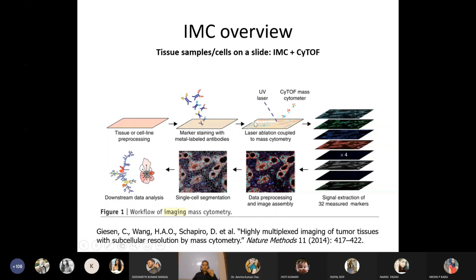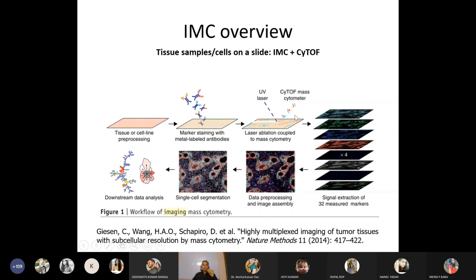Once it is burned, there are packets of metal ions which are flown into the mass cytometer. There is signal extraction of 32 measured markers. All these panels are put together, and they make up the entire image.